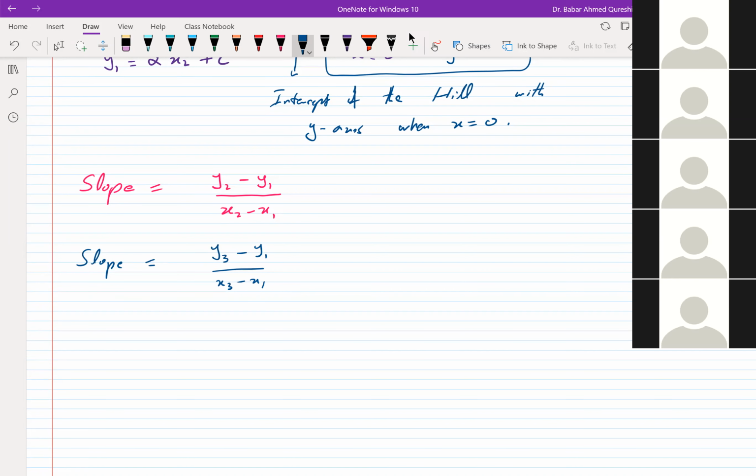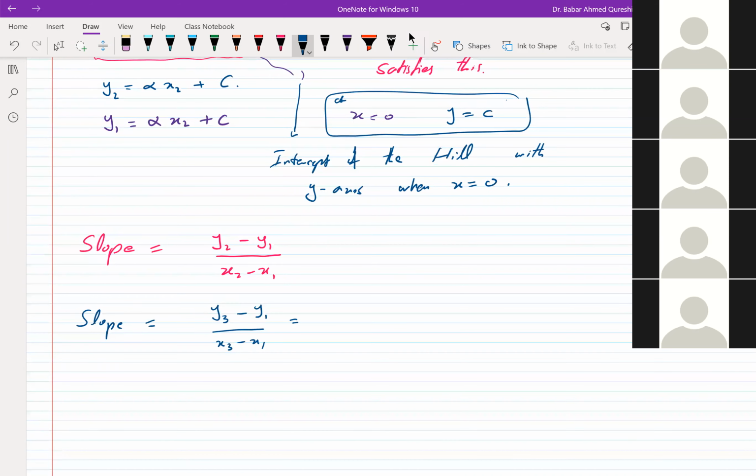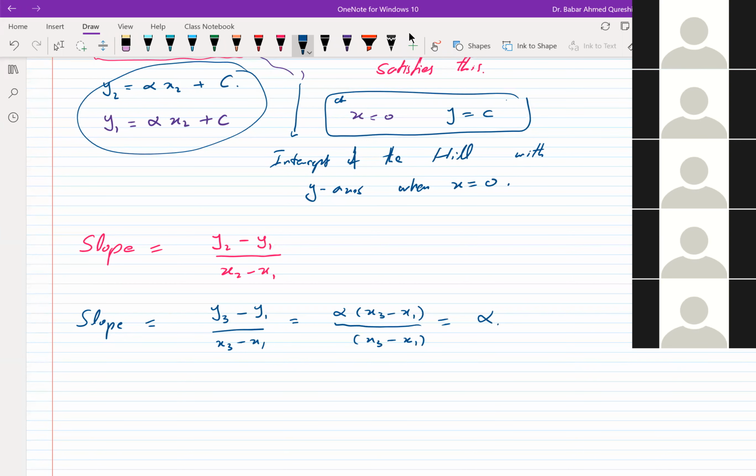For this straight line, the property is that if I compute this number, y3 minus y1 will give me, because c will cancel when I put these values, alpha, the slope.